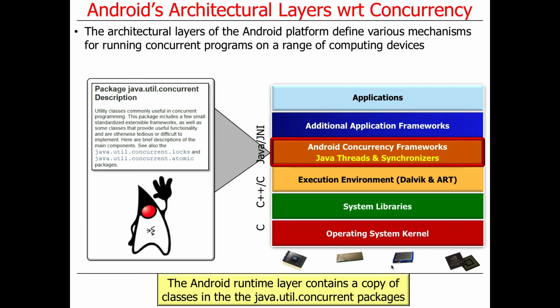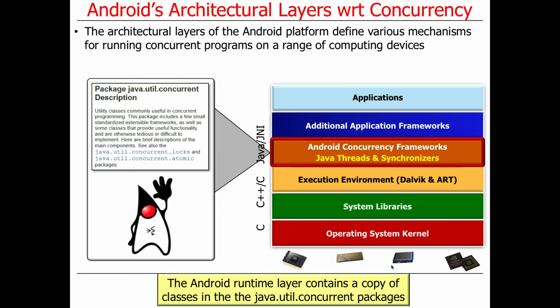So the Android runtime layer, that's what this layer is called here, Android runtime, contains things like the Java util concurrent package, which has a lot of the stuff we've talked about, right? Like the Java thread, the various things relating to all the concurrency mechanisms and synchronizers we've talked about: semaphores, reentrant locks, condition objects, stamped locks, cyclic barriers, countdown latches, all that kind of good stuff.